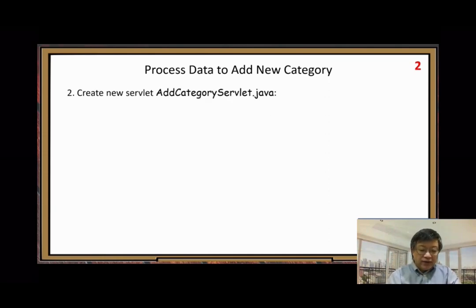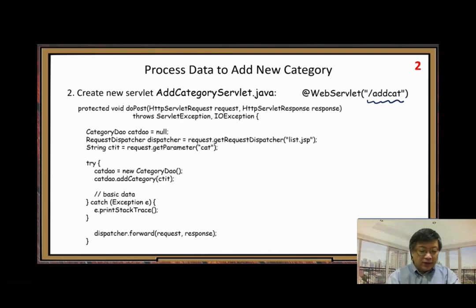For this one, we need to create a new servlet. For this servlet, we call it AddCategoryServlet.java. Because when we add new data, we like to use the post method. All right, so the URL pattern, we just use add cat. Then this is the post method.